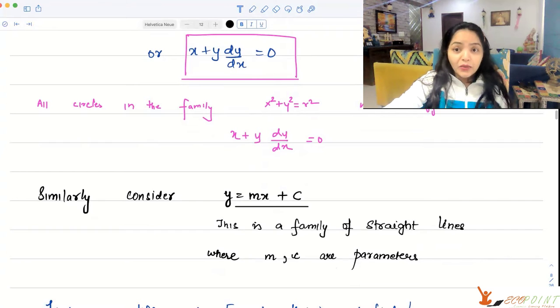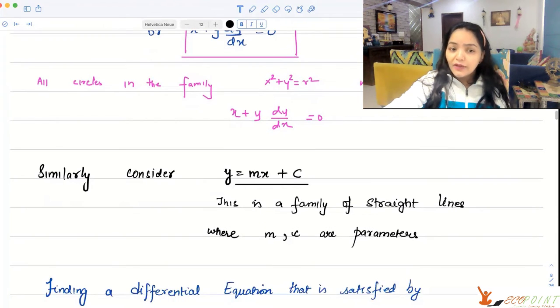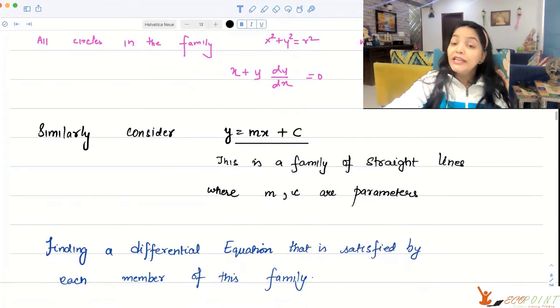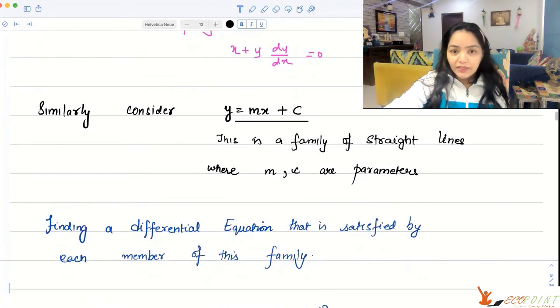Now, again, you are looking for a differential equation, that is, an equation that consists of derivatives, wherein this equation should be free from the parameters. Why should it be free from the parameters? Because we're taking a general case. I want a differential equation that is satisfied by each member of this family.